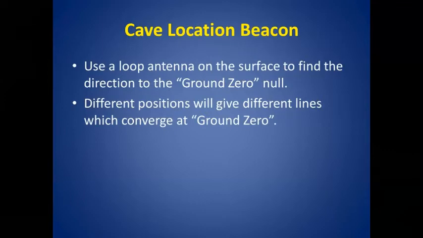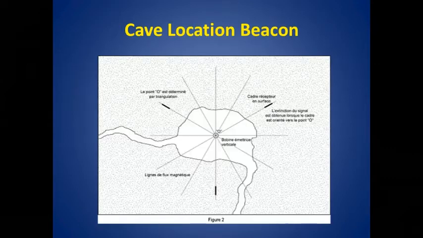When we're at that part, we know that the receiving antenna on the surface is basically 90 degrees to the transmitting antenna. So somewhere along the line of the receiving antenna is where the transmitting antenna is. We don't know exactly where yet because we have to do another thing. So we converge upon it.